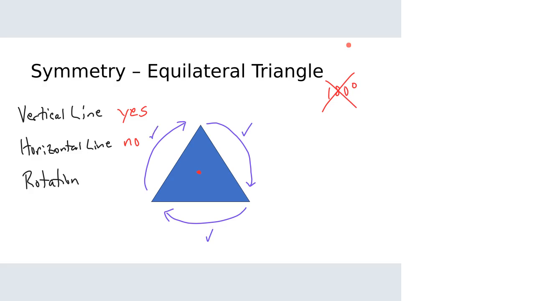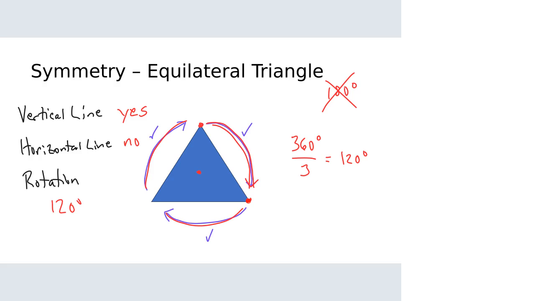So to find out how far one of those rotations is going to be, because there are 360 degrees all the way around, and it would take 1, 2, 3 of those to get all the way around, I'm going to divide that by 3 and find out that 120 degrees is how far I would need to go to get this to land on itself. So I would need to rotate 120 degrees to move this point down here. And so there is rotation symmetry here if I were to rotate 120 degrees.